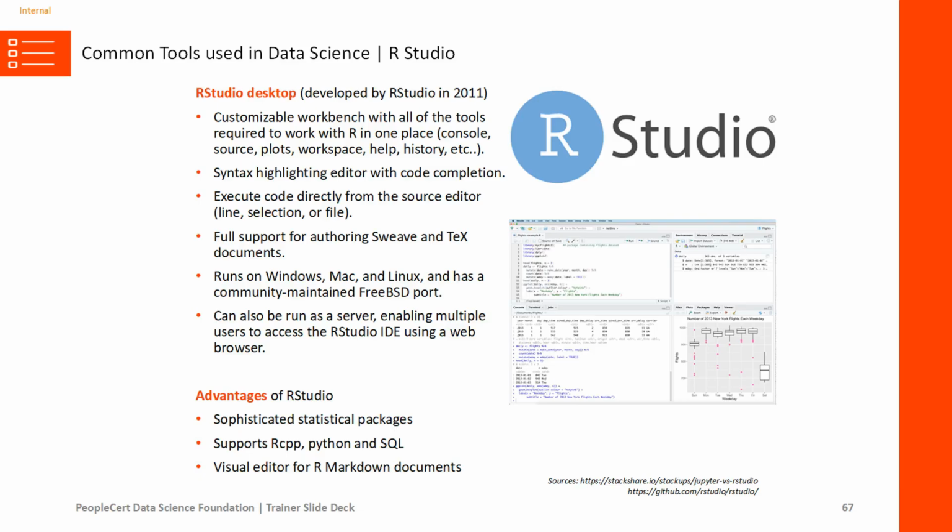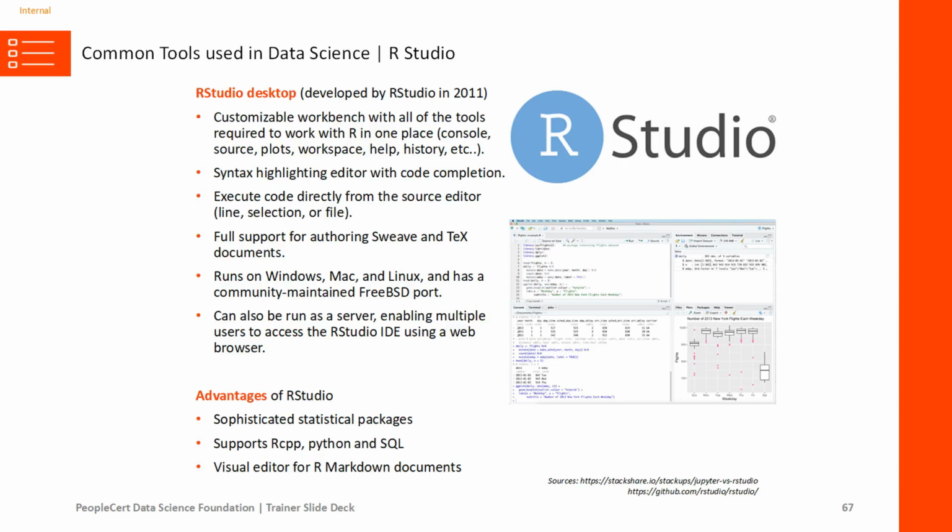Syntax highlighting and an editor with code completion are also functionalities of RStudio Desktop. It helps you execute code directly from the source code editor, and it provides full support for authoring any text documents or CV documents.